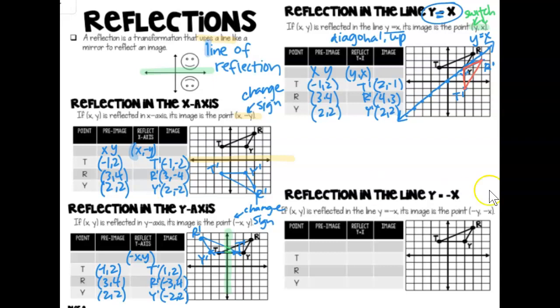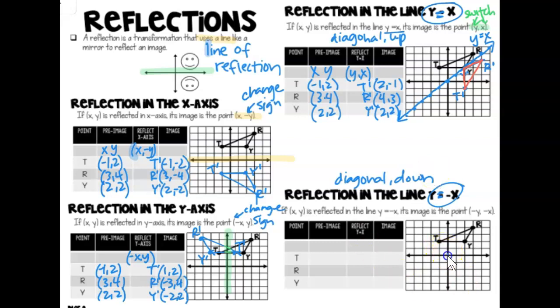This is a reflection in the line y equals negative x. Now this is a diagonal line. However, it is going down. And when we say down, in algebra and math, we mean from left to right.